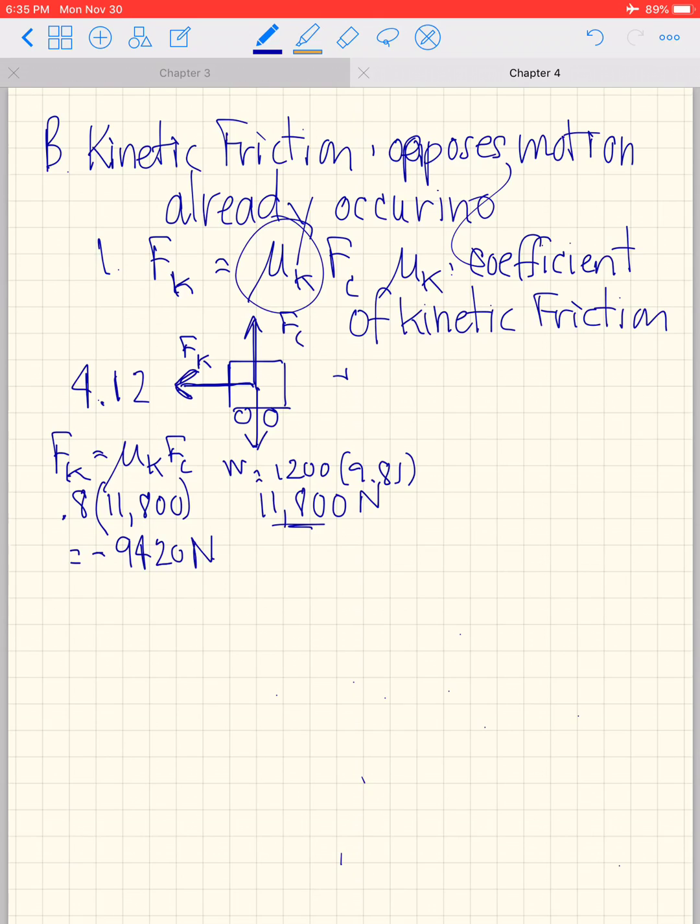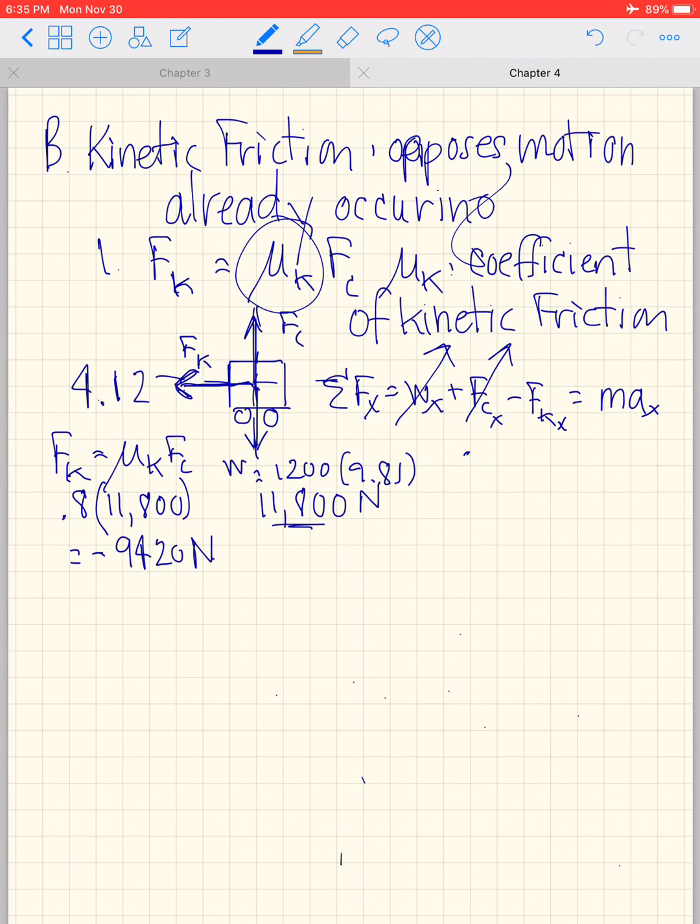So then my sigma F sub x is equal to, and of course here is my xy axis. Sigma F sub x is equal to W sub x, which I see is going to be the cosine of 90, so that's gone, plus F sub c sub x, which again is the cosine of 90, so that's gone, minus F sub k sub x is equal to m a sub x.